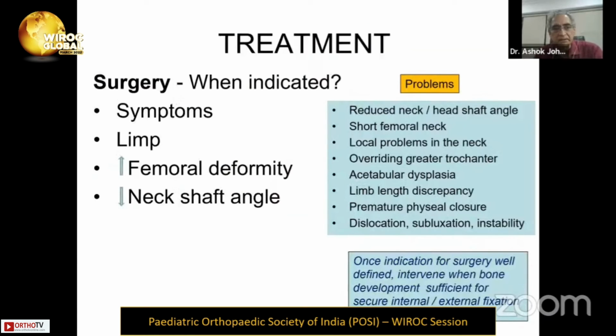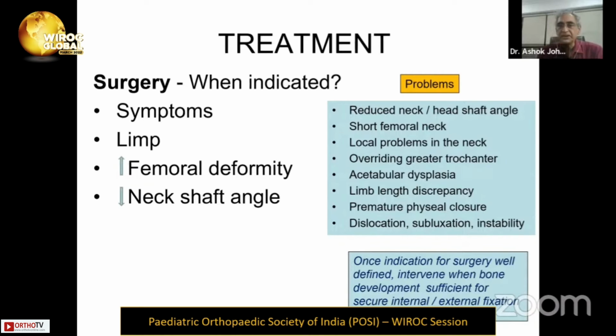So to summarize, when is surgery indicated in a situation of septic sequelae? Where there are symptoms, where there is a limp, where there is an increasing femoral deformity, for example coxa vara, or a femoral deformity which is present and increasing, with the neck shaft angle diminishing.